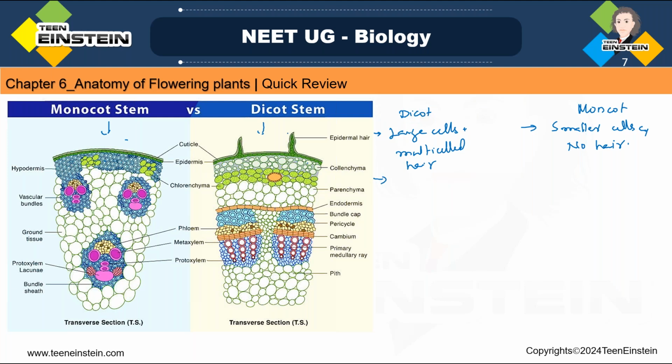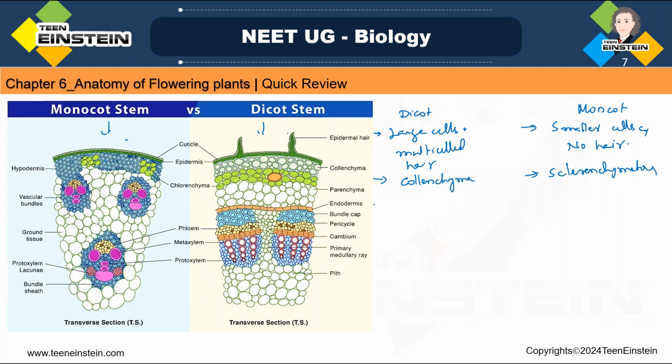This is the hypodermal region, and it is green in color. But in the monocot stem it is sclerenchymatous and non-green. Here you can see in the picture it is sclerenchymatous, right?